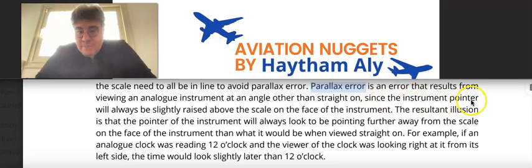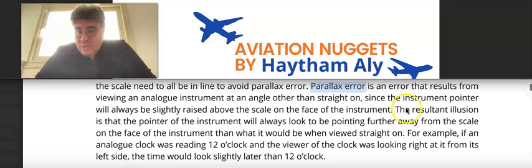Since the instrument pointer will always be slightly raised above the scale on the face of the instrument, for example, if you are reading a 12 o'clock pointer on the scale, and you see the instrument from the left of the instrument, you will see the pointer slightly later than 12 o'clock.